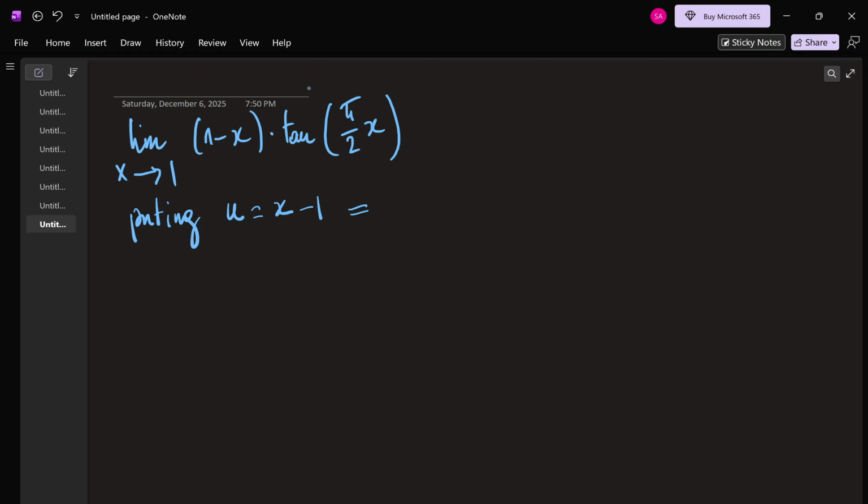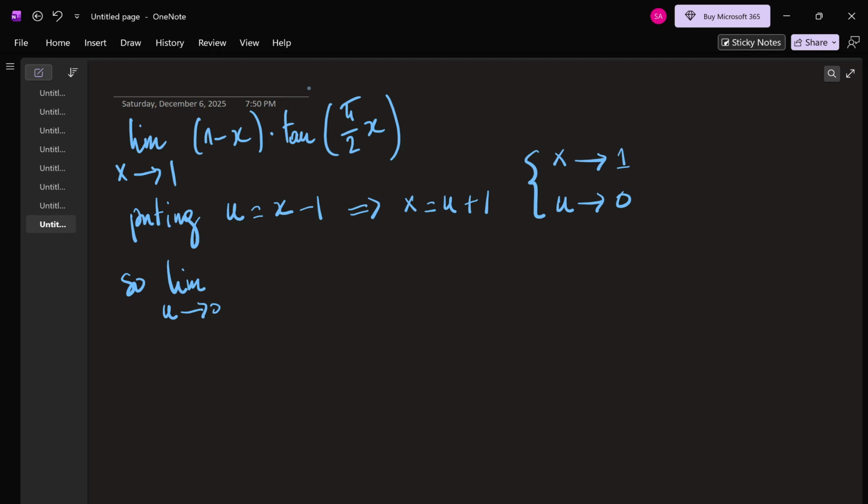We get x equal to u plus 1. So when x approaches 1, u approaches 0. So we will substitute the limit when u approaches 0 instead of x approaches 1.